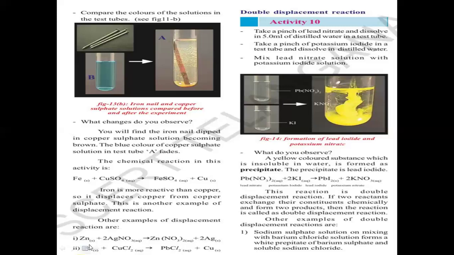Here, lead is highly reactive, so it will be displacing the copper. So remember the 4 equations and their states of matter. This is about the displacement reaction where one element displaces another element and takes its place. ఒక ఎలిమెంట్ ని డిస్ప్లేస్ చేసి ఆ ఎలిమెంట్ యొక్క ప్లేస్ ని తీసుకుంటుంది అన్నమాట.